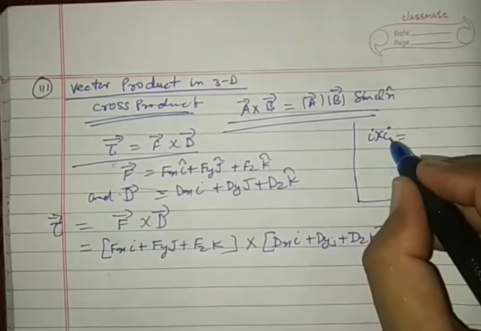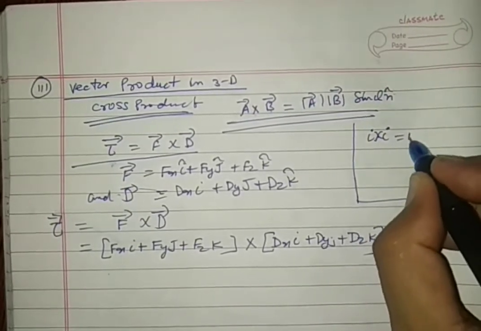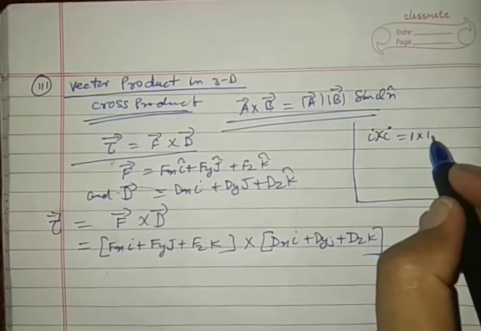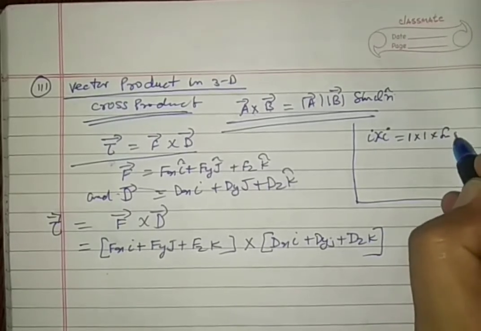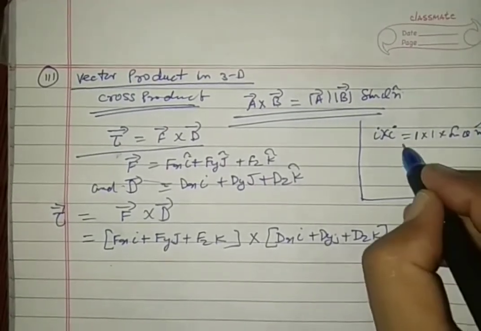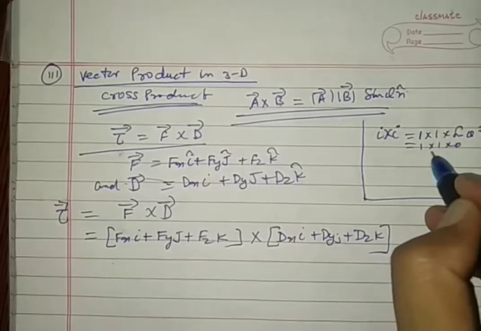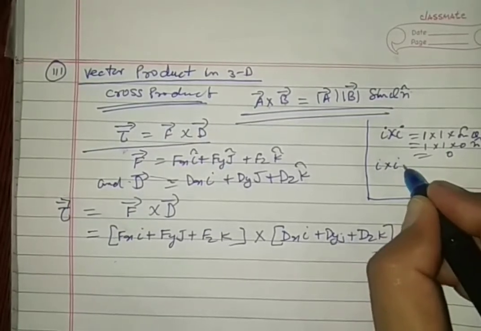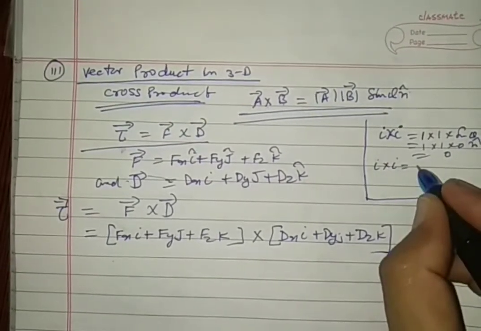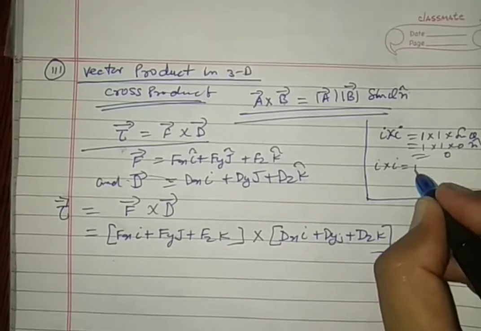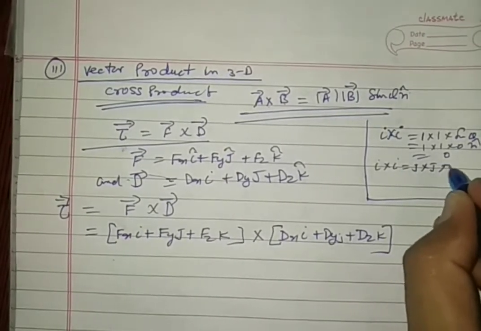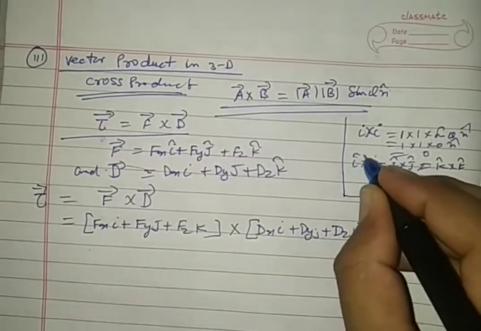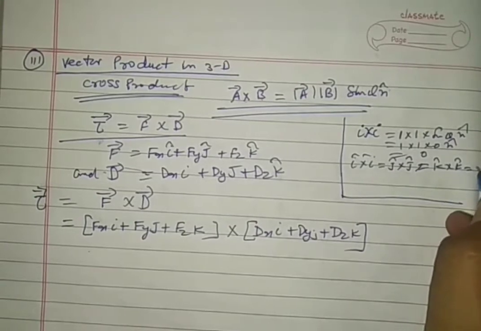So i cross i is magnitude of vector 1, magnitude of vector 2 is 1, into sin of the angle, which is 0 degrees, into n cap. Sin 0 is 0, so the whole thing is a zero vector. So we may write i cross i is equal to j cross j, similarly equal to k cross k, is equal to 0.